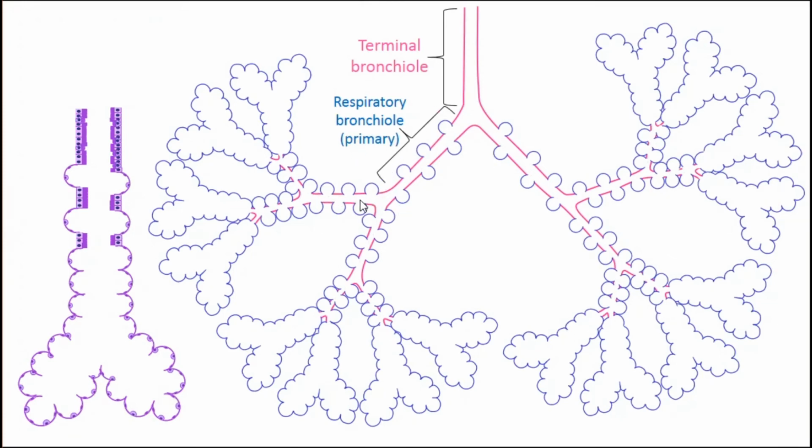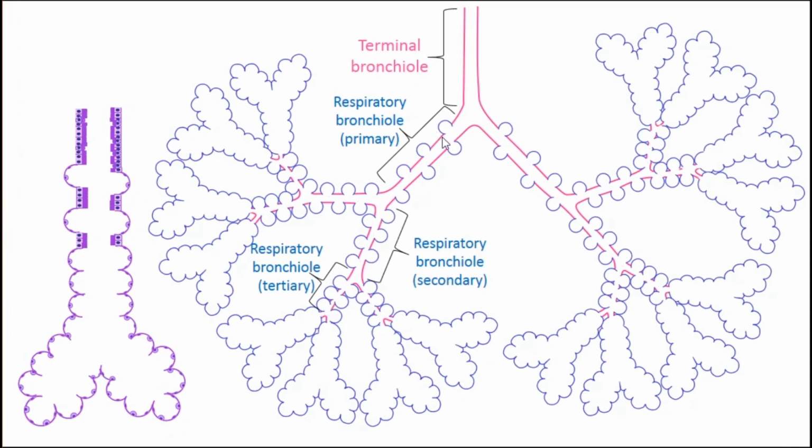After that, they are divided into two secondary respiratory bronchioles. Here we can see next branches, next generation. It's secondary respiratory bronchiole. And secondary respiratory bronchiole is divided into two tertiary respiratory bronchioles. So primary, secondary, and tertiary, three generations are present here.